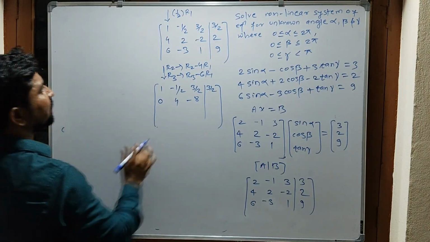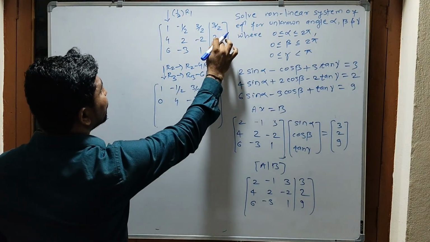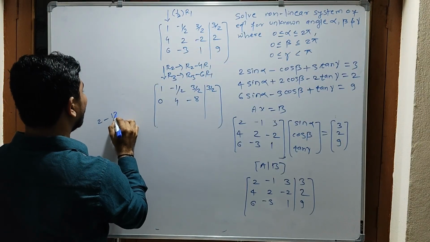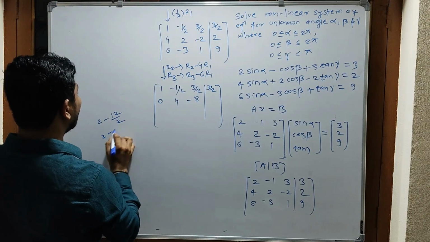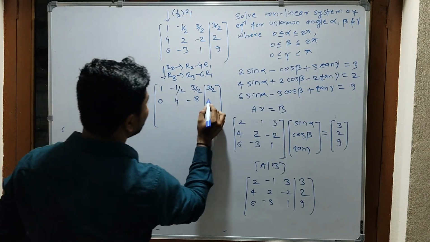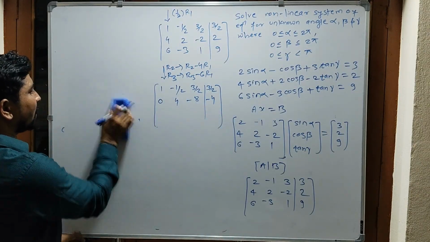Now calculate the last entry: 2 minus 12 by 2, that is 2 minus 6, which is minus 4.